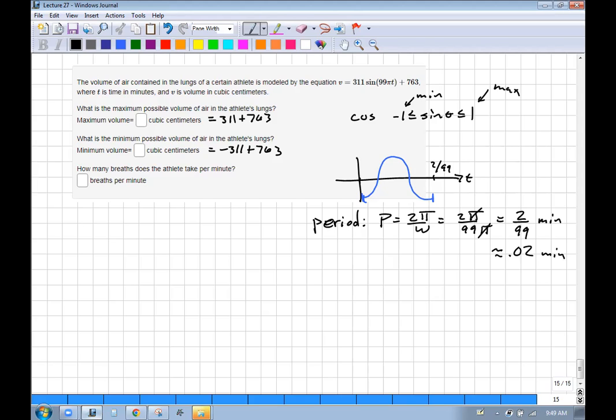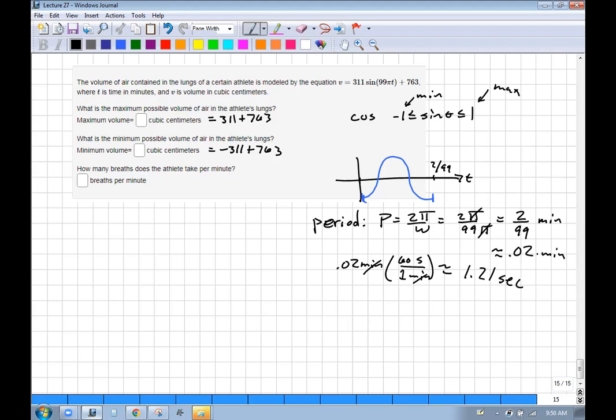I'm thinking seconds. 0.02 minutes, if I wanted to convert this to seconds, I'll get rid of minutes and I want seconds. There's 60 seconds in a minute. So I just multiply that by 60. Yeah, that makes sense. 1.21 seconds per breath, right?